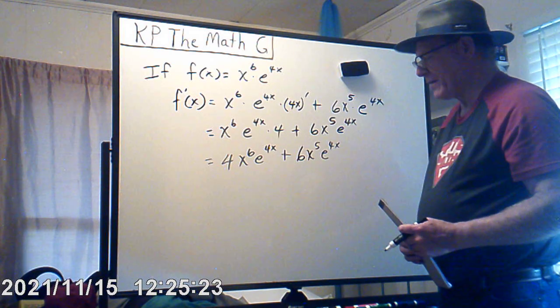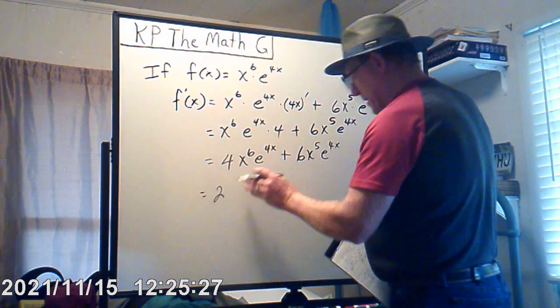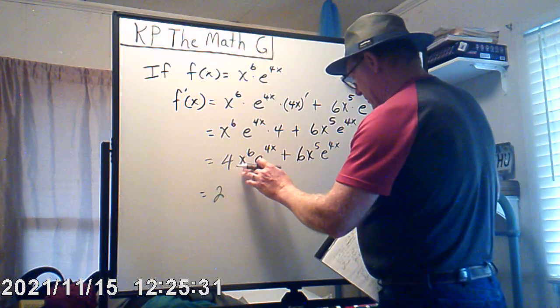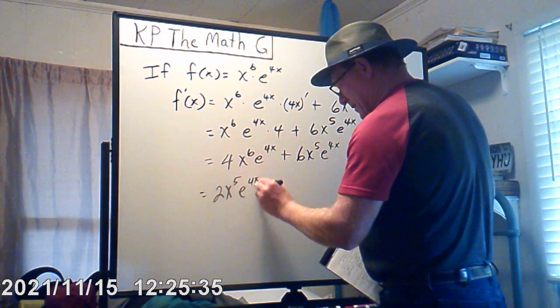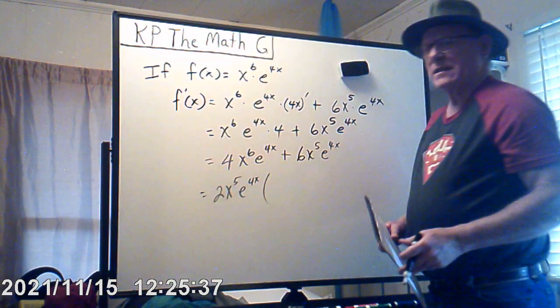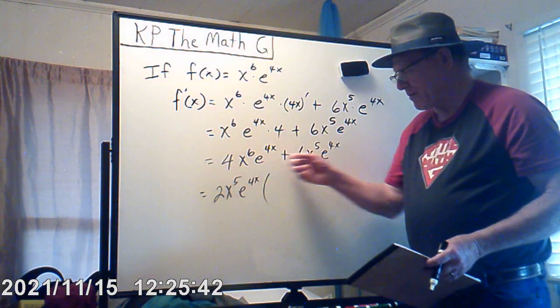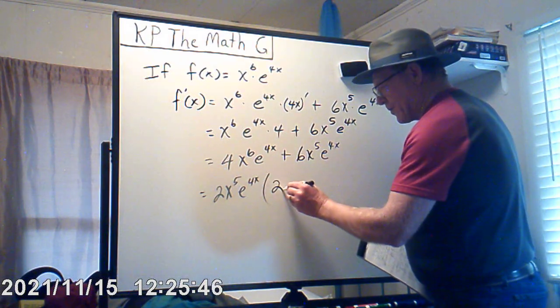So we could do that. I guess we could go ahead. 2 goes into both 4 and 6. Alright, so 2x to the fifth, e to the 4x. And the reason I'm doing this is sometimes a multiple choice answer may not be written like this, but it's probably written like this. 2 times 2 is 4.